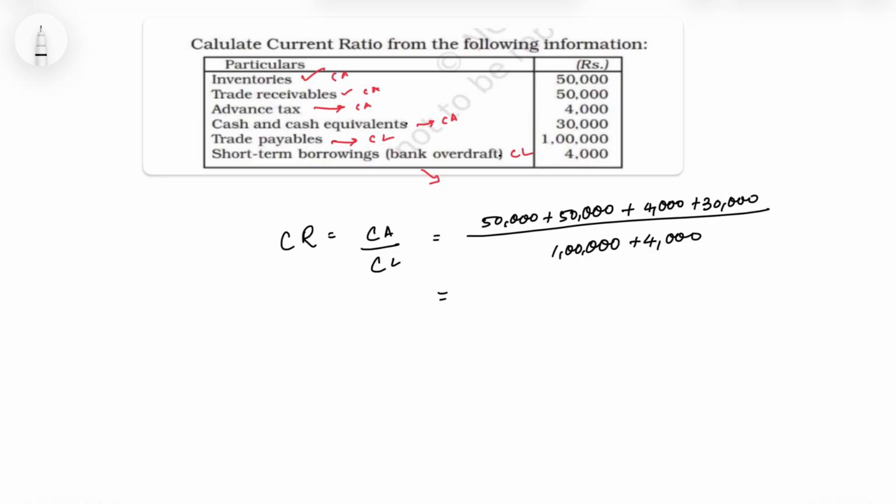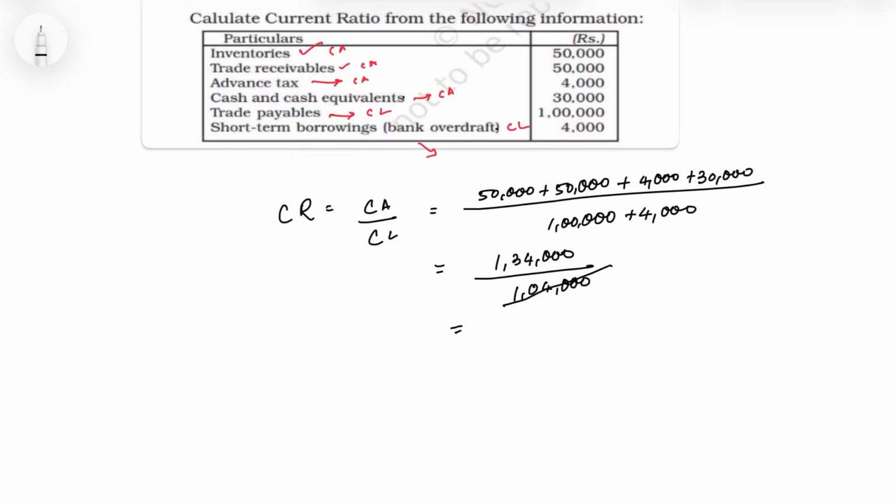So 1 lakh 34,000 divided by 1 lakh 4,000. The complete division: 1 lakh 34 divided by 1 lakh 4,000.